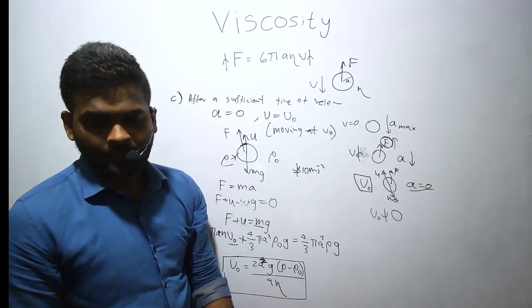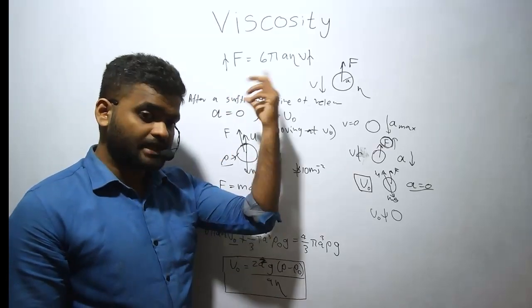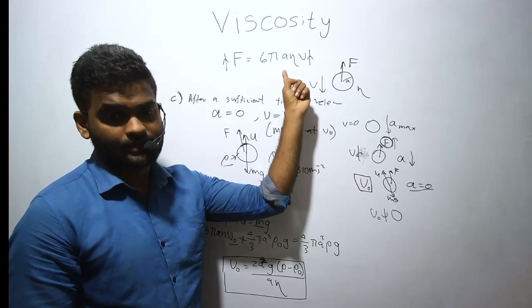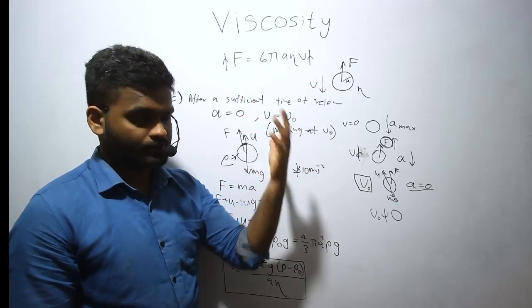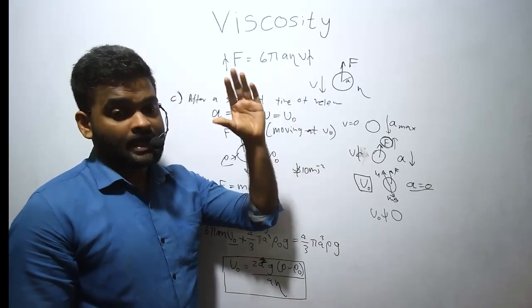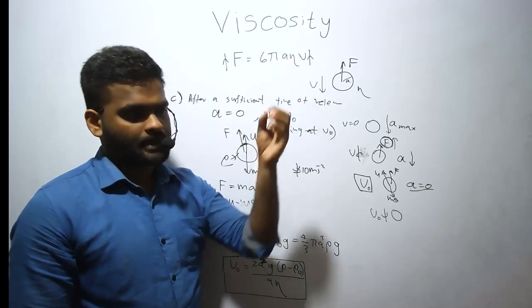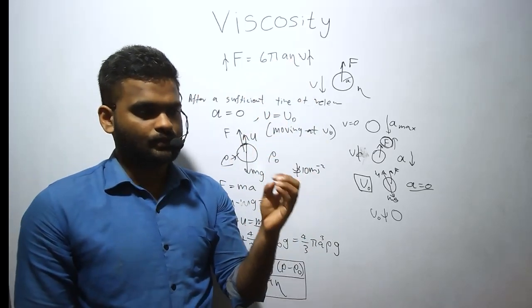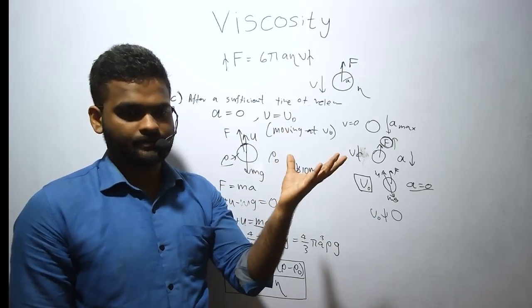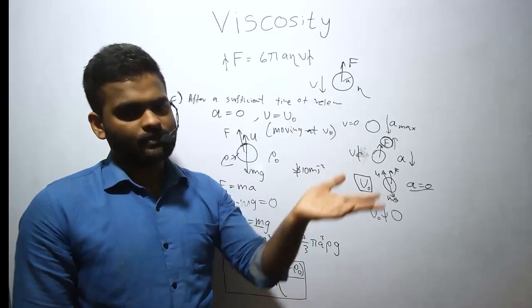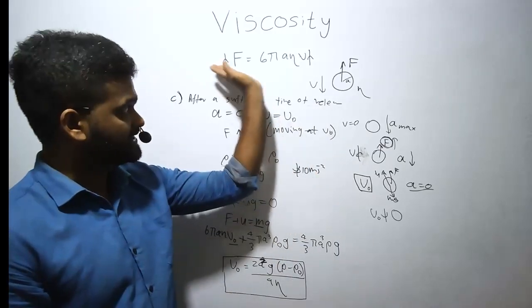I gave you the assumptions when I was discussing Stokes equation, so you have to follow those assumptions. This is the only equation in the syllabus, but for different shapes you will have different equations. Those are not in the syllabus. If you have a different shape, they give you the equation. But this equation you have to remember.